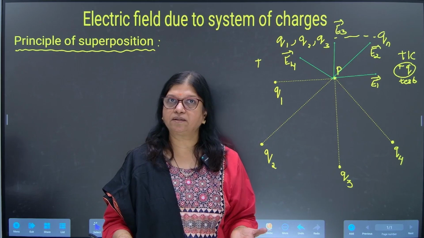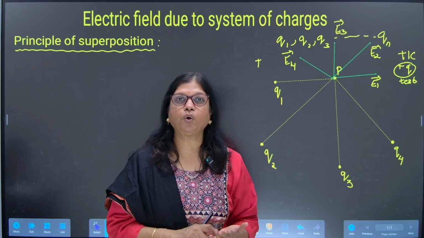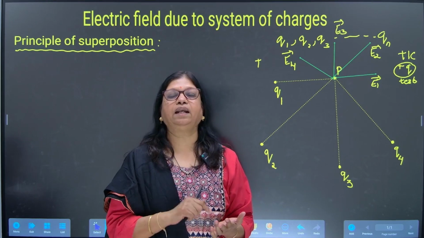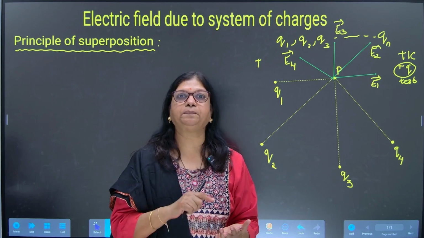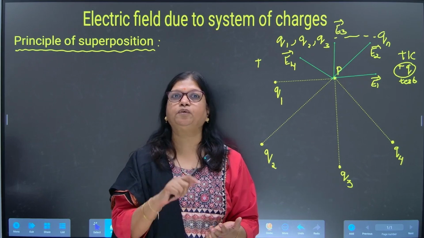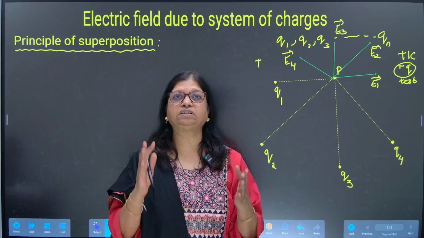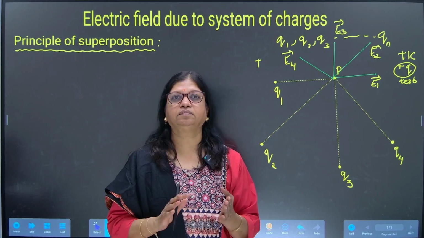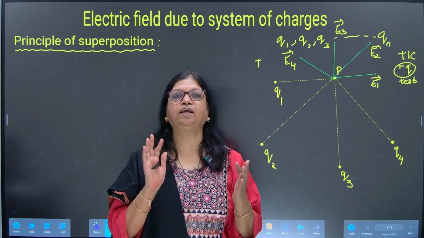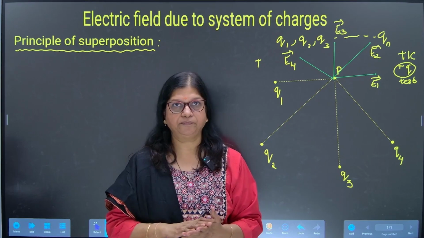Then we get the total net electric field at the point P due to the system of charges Q1, Q2, Q3, Q4. If we take n charges, then Qn, which gives us En, also has to be added, right?